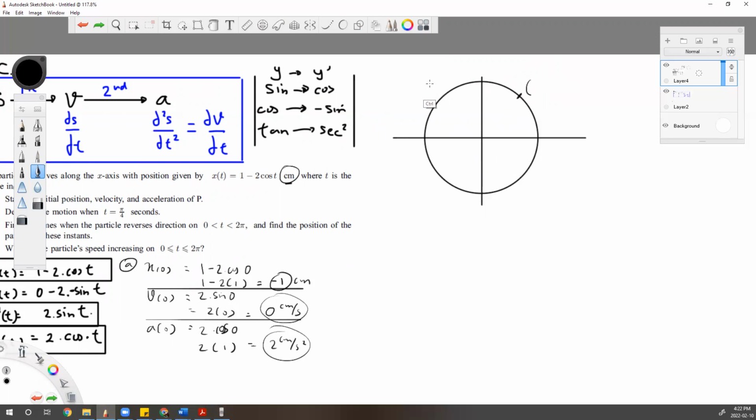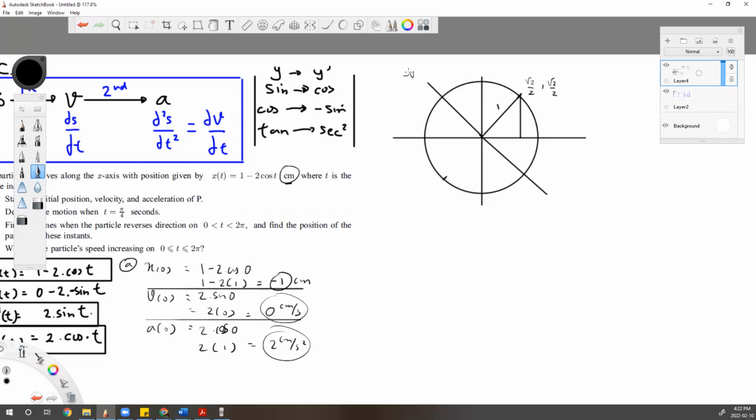It's not square root 2, it's half. The radius is 1, right? The radius is 1. So this is 1 also. Square root 2 over 2. Ah, there you go. Square root 2 over 2.